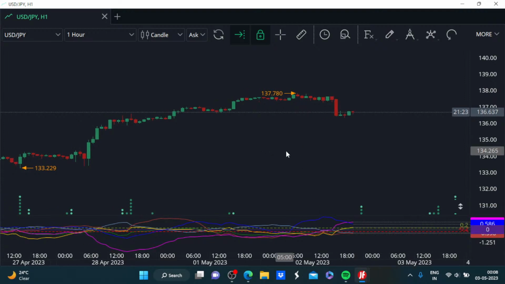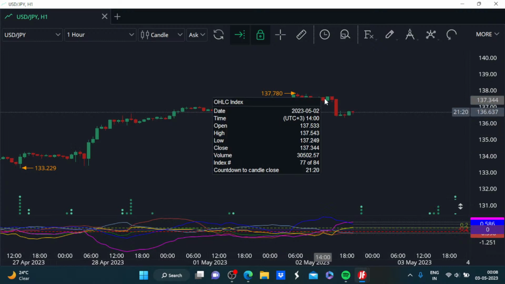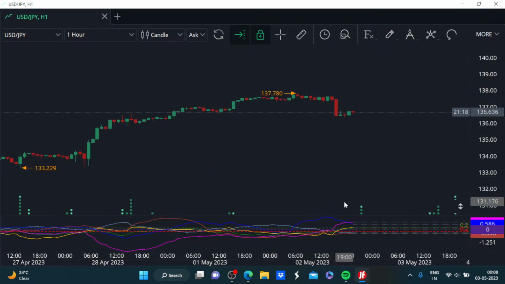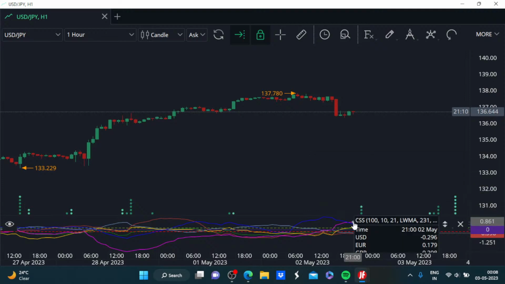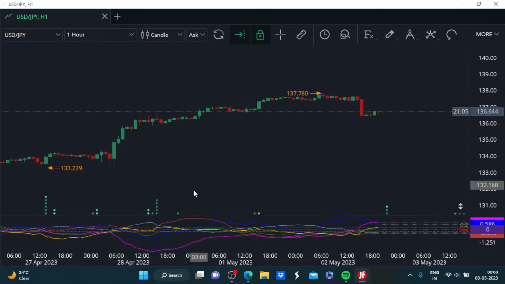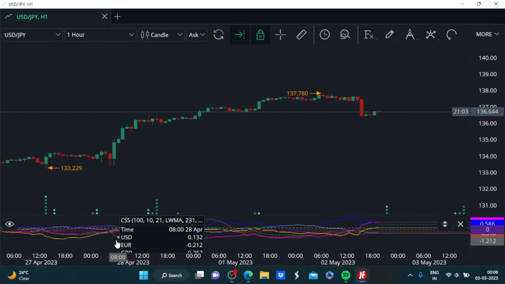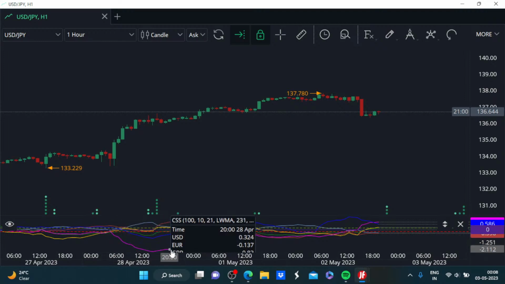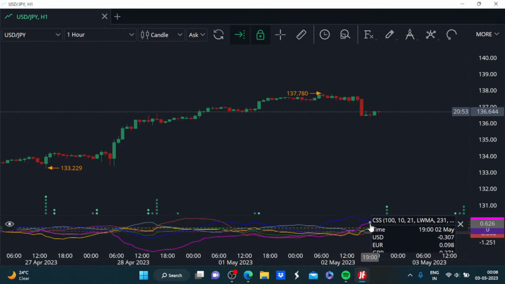That means the Japanese yen has turned the corner from bearish to bullish, and that has pushed the Japanese yen on the higher side, making it the most bullish currency in today's trading session. So the journey for the change started on 28th of April, where it was the most bearish. Then in course of time it became less and less bearish, and eventually it changed the corner to turn around and become most bullish.